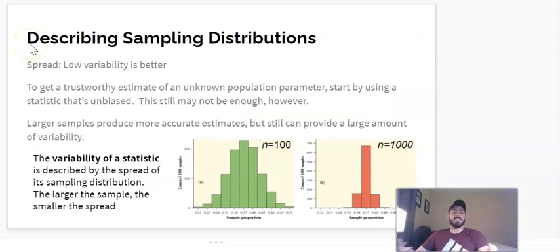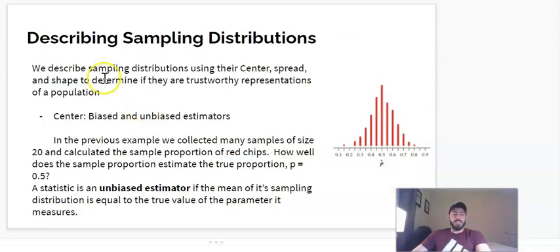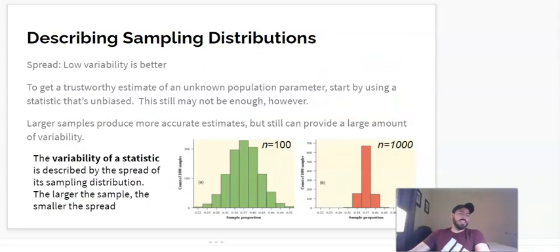Next, we look at the spread for a sampling distribution. So obviously, when we look at what we had up here, getting a sampling distribution whose center is very accurate, it's right where we want it to be, that's a very good thing. But sometimes that's not necessarily enough, right? Sometimes that's still not all that trustworthy.